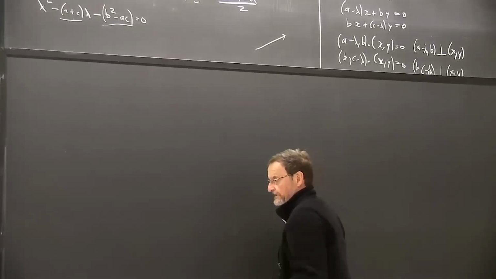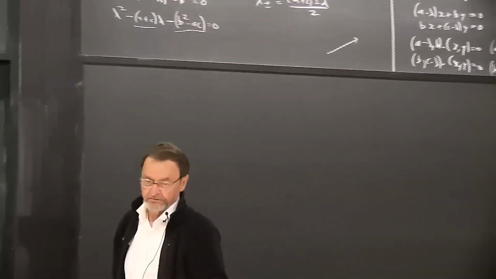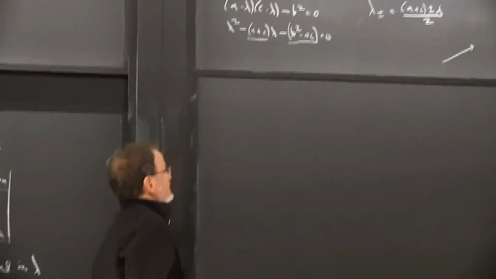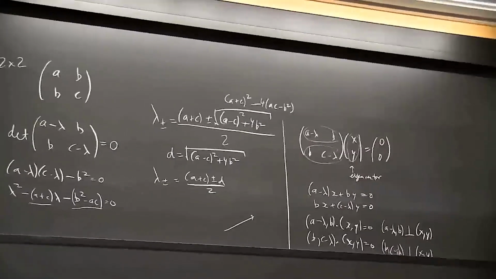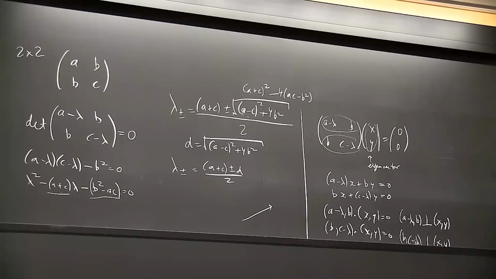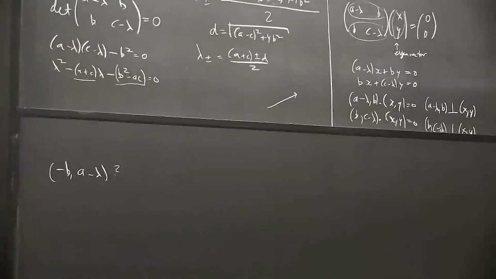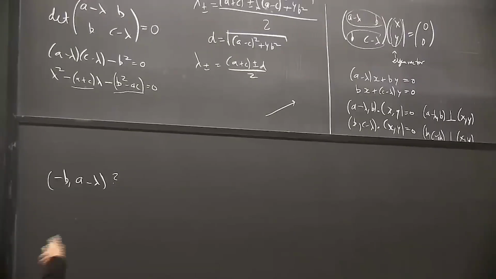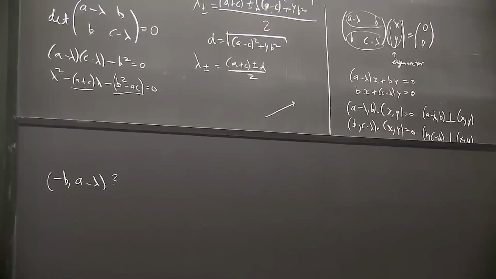And so I can write down the answer very easily, particularly in the 2 by 2 case. All I need to do is find something that's perpendicular to A minus lambda B. And so how about this? Right, if I multiply that by A minus lambda B, I just get 2 terms with opposite signs and they cancel out.